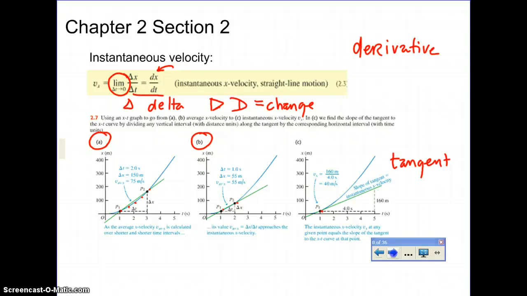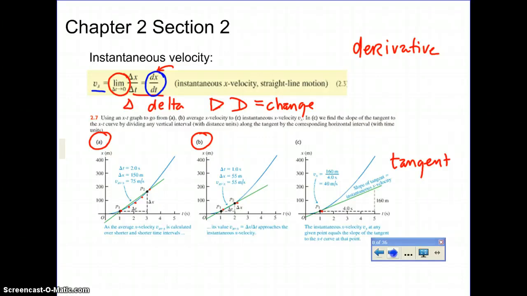So when we see this notation right here, what that actually says is, as we look at teeny, teeny little changes in position with teeny, teeny little changes in time, we should develop an idea of the instantaneous velocity. And that's really what we're seeing here in these graphs.